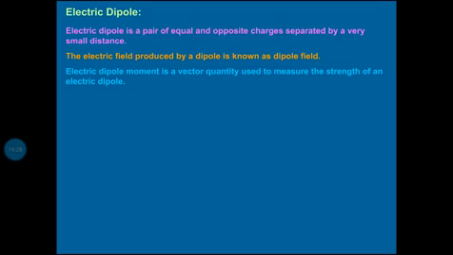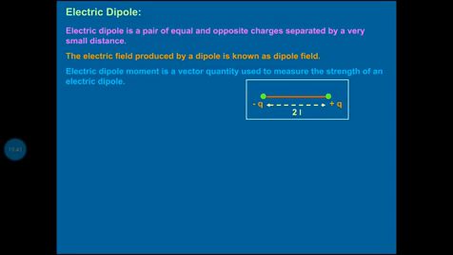So here, if there are minus q and plus q charges separated by a distance 2L, then P vector is the dipole moment that starts from minus q and ends on plus q charge. Here you can see, students, electric field vector, that is E vector, directs from plus q to minus q, and the electric dipole moment vector directs from minus q to plus q charge.